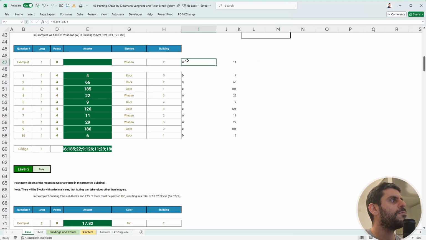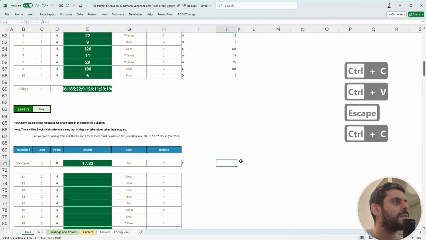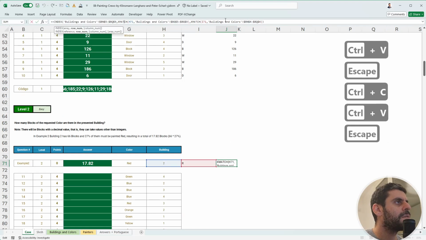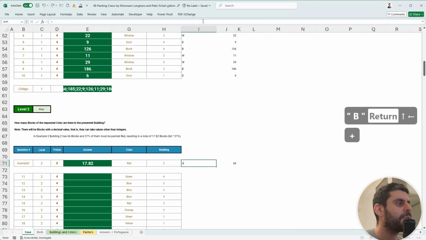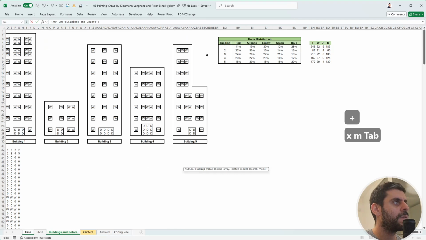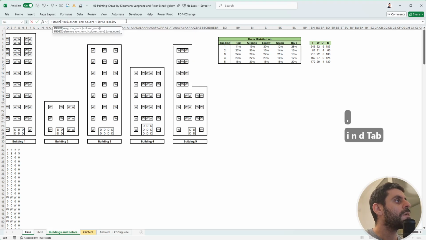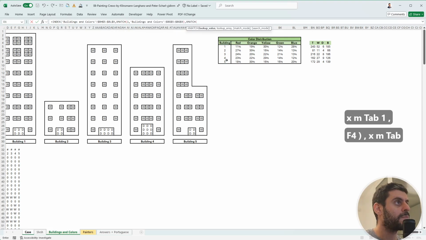So what I'm going to do is to take this, take this, no, I want to take block, I wanna X match this into index X match 1 here, X match 1 here, lock.